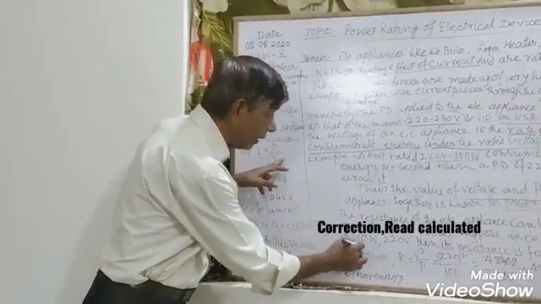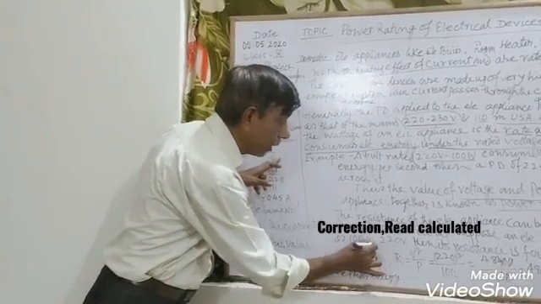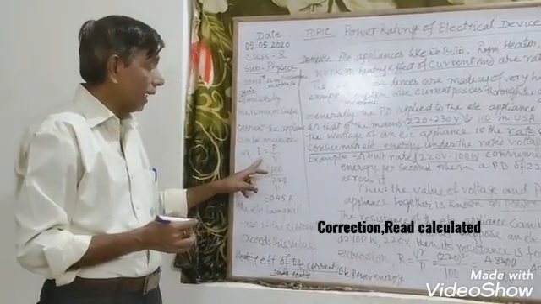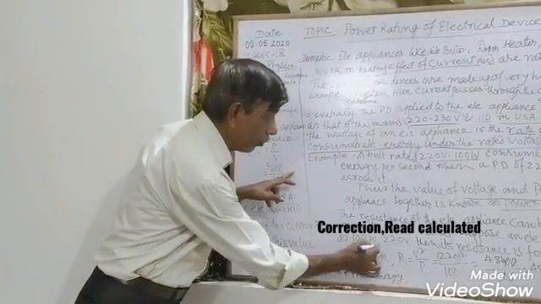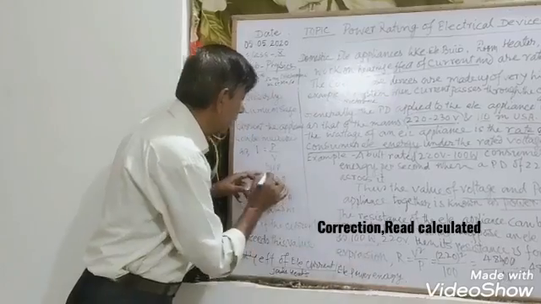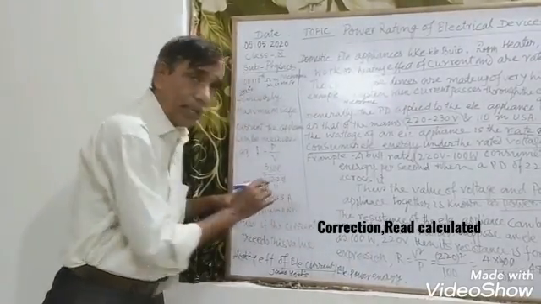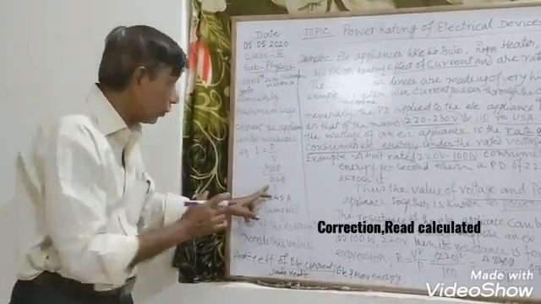So for a rating of 100 watt and 220 volt, we apply it here. The value of P is 100 watt and V is the voltage, 220.